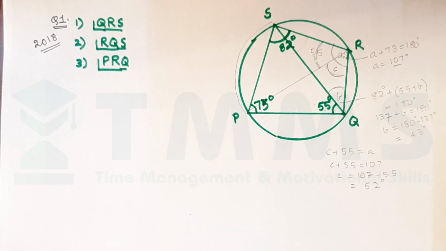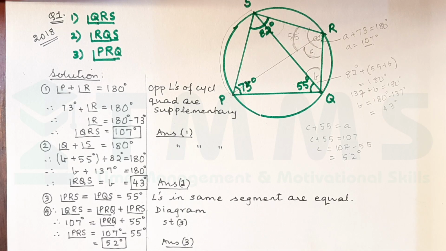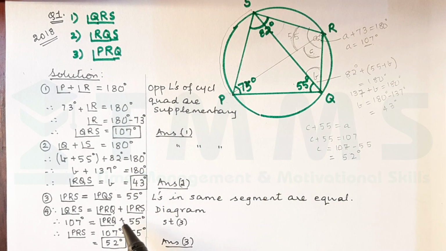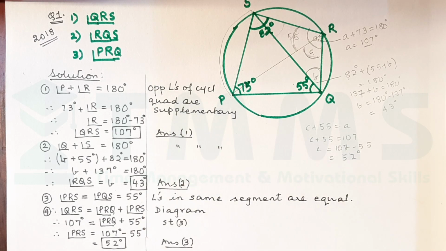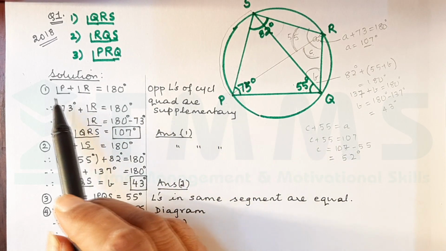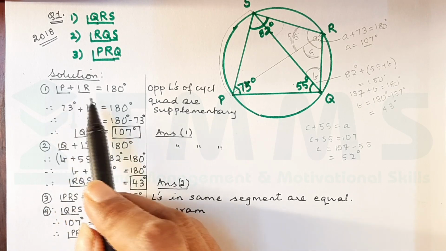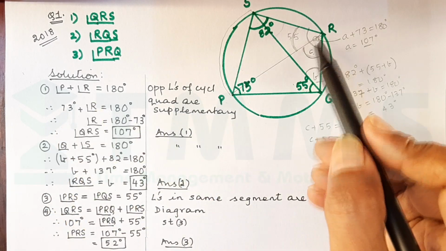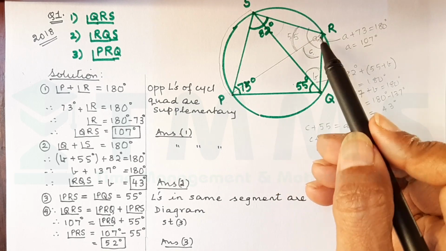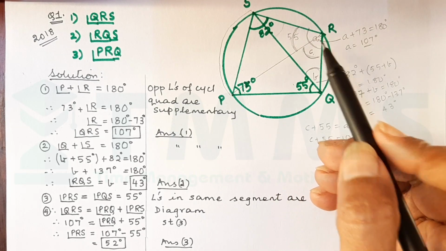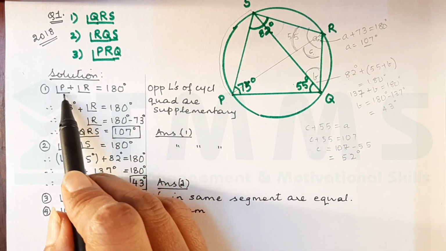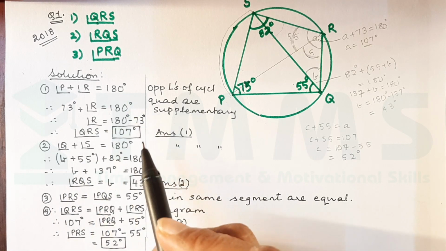Now we have to write this neatly. Let us see how we write it. Let us look at our solution. We have written this down. Now since this is the first question, I'll explain to you how we wrote it. So we started with angle P plus angle R. These two are opposite angles of the cyclic quadrilateral, so they will be supplementary, which means if you add them, you will get 180 degrees.